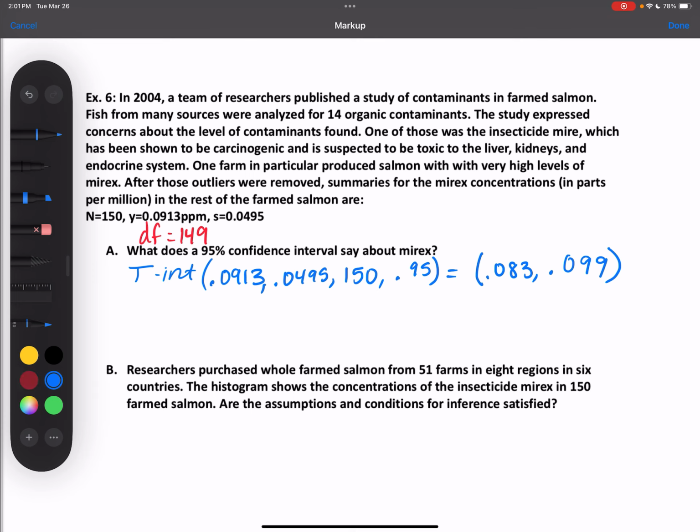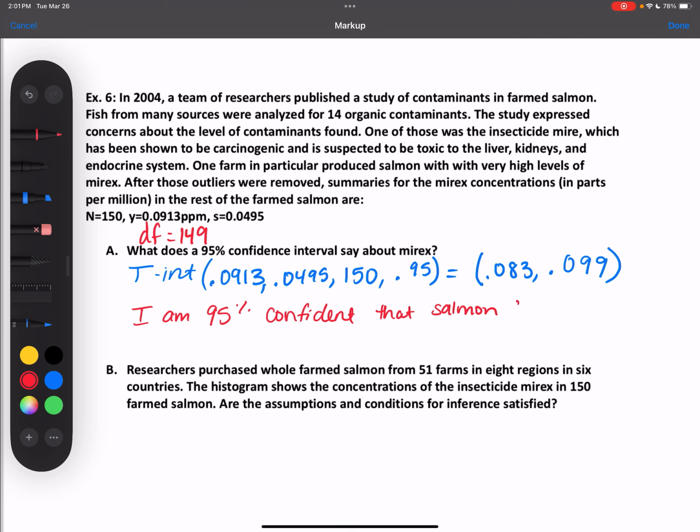So, this would tell me that I am 95% confident that salmon from the farms contain 0.083 to 0.099 ppm of Mirex on average. I don't remember if it's talking about just the one farm in general or all of them.